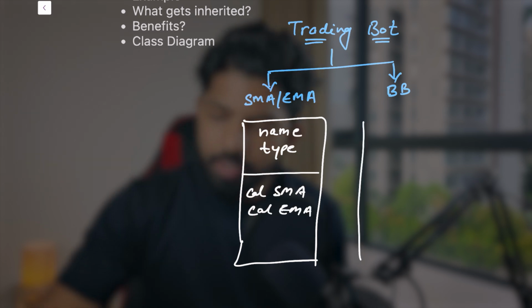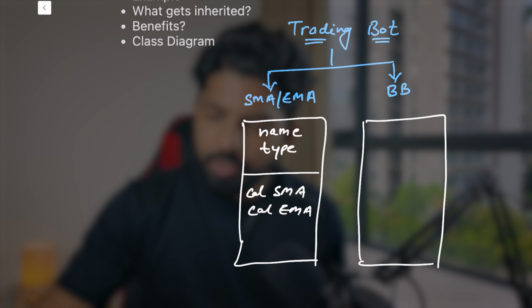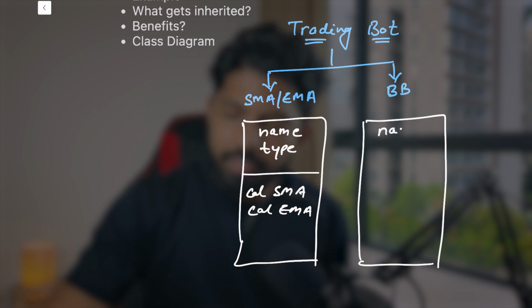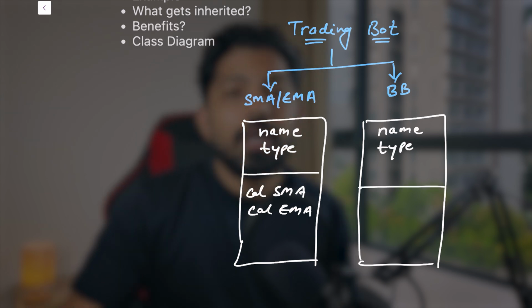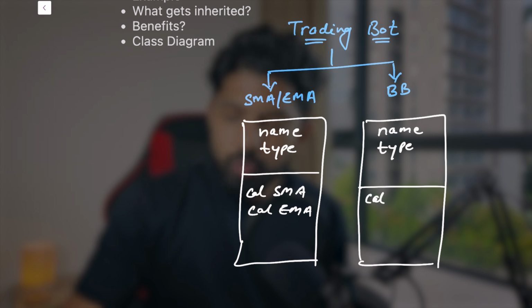Similarly, for the Bollinger Band strategy, you write the name of the strategy in attributes, and again you write the type, whether it is technical or fundamental. And similarly, you write a few methods to calculate. So let's say first you calculate the lower Bollinger Band and a method to calculate the upper Bollinger Band, right? These are all methods and these are attributes, right?